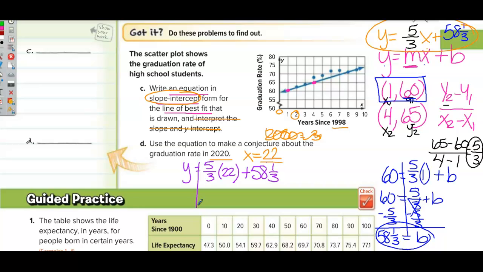I would type in my calculator 5/3 times 22, and I get 36 and 2/3 plus 58 and 1/3, and I get 95. So y equals 95.